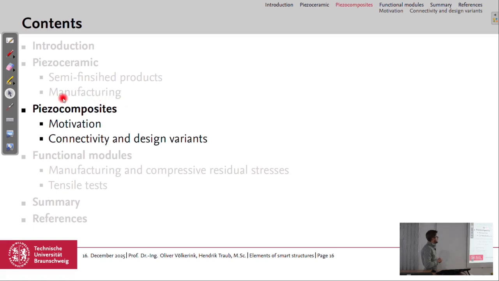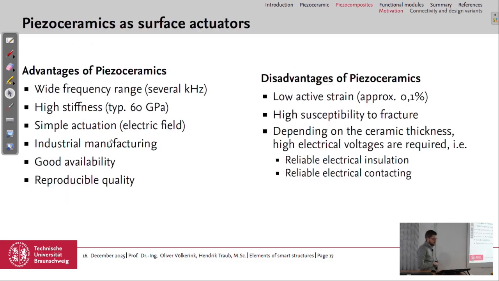So we are now done with our piezoceramic manufacturing. We have piezoceramic plates or foils or the fibers, and we are now coming to the piezocomposites. Why do we build up a composite and not just use the piezoceramic material?